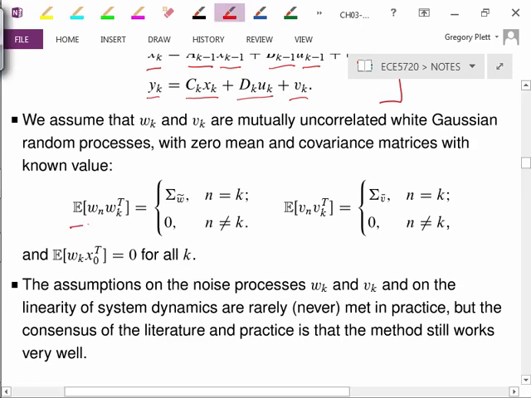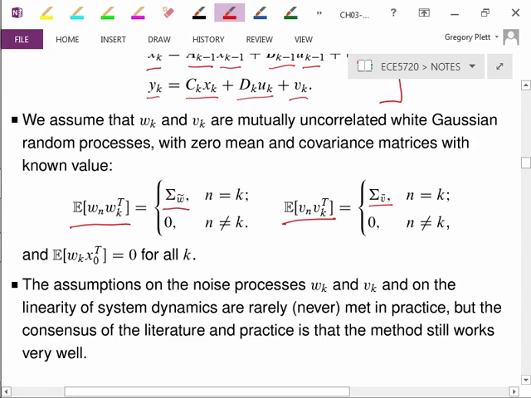So what that means is the expected value of the process noise at time n times process noise at time k transpose is going to be equal to a constant matrix sigma w when n equals k, and it's 0 when n is not equal to k because of the whiteness criteria. Similarly, for sensor noise, expected value of v at time n times v at time k is going to be sigma v tilde when n equals k, and 0 otherwise.